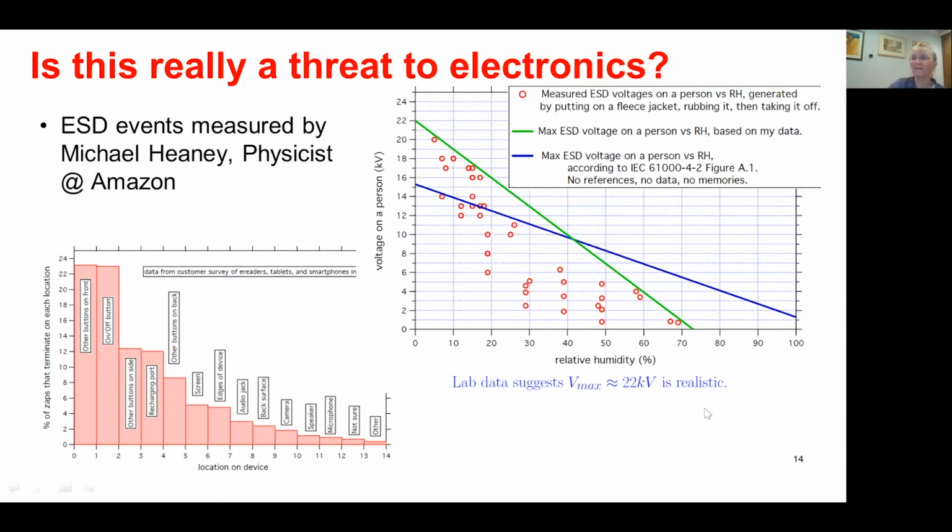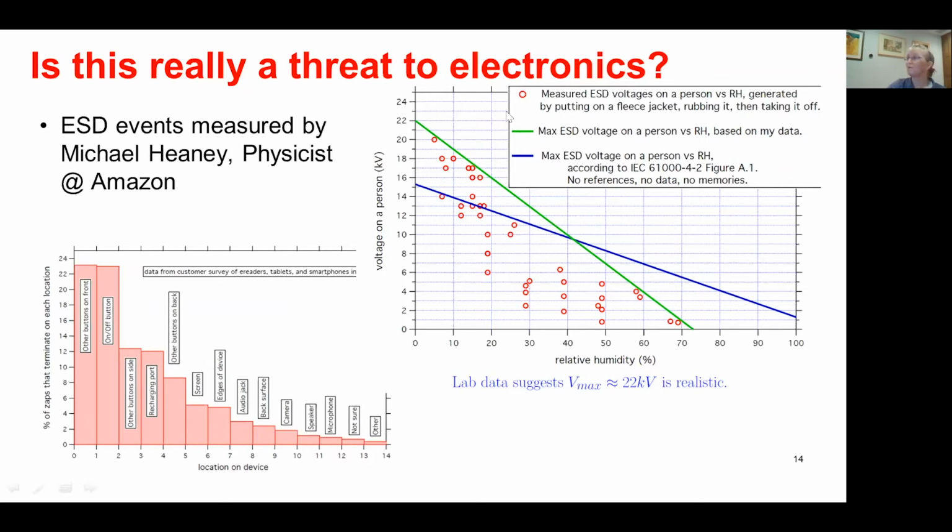So Michael Heaney, a physicist at Amazon, has given several really very good talks at the Bay Area ESD Association meetings, and kindly agreed to let me share the results here. This is a fascinating study that Michael undertook in order to benchmark what are the levels of ESD that he can measure on a person.